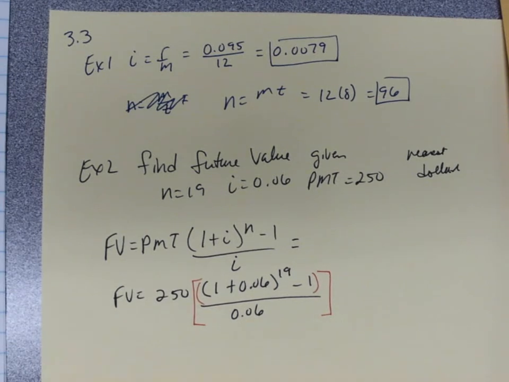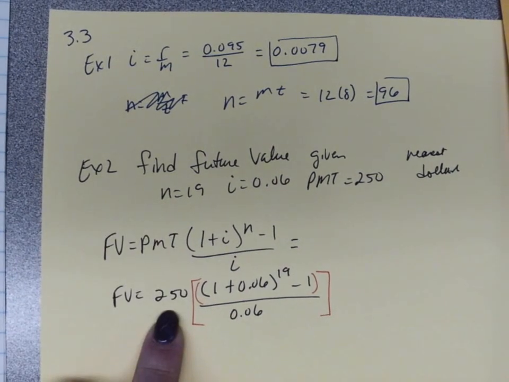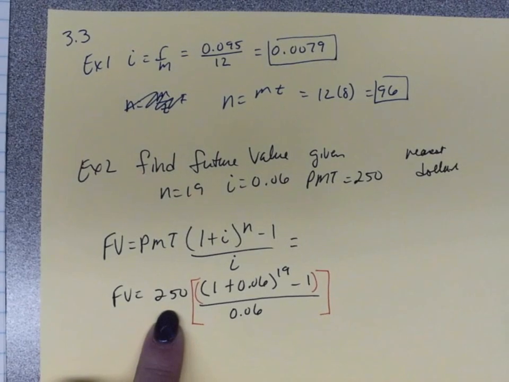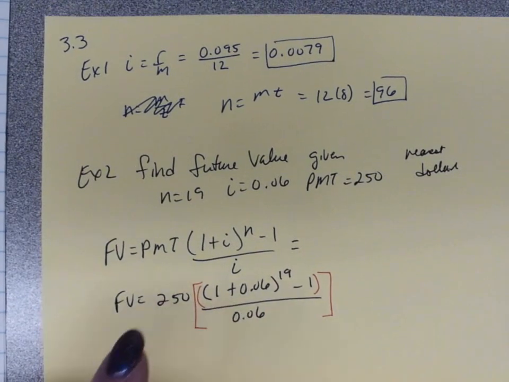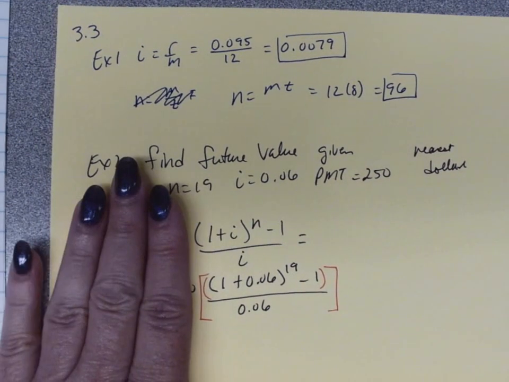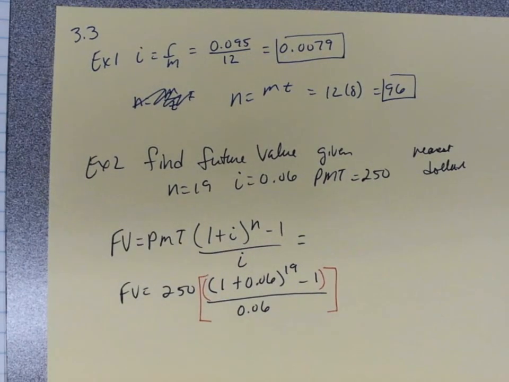The other thing I'm going to tell you to do is find this section with the brackets first and then multiply by 250. Typically, when we're in class, face-to-face, my students will multiply by the 250 first, and then it just doesn't seem to work out. They get something not quite right. So if you do this first and then multiply by the 250, it's the same information being put in, but it seems to go better.